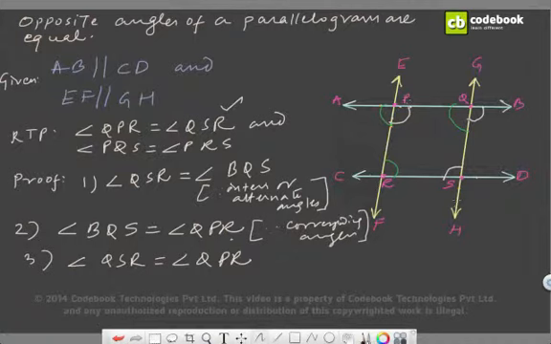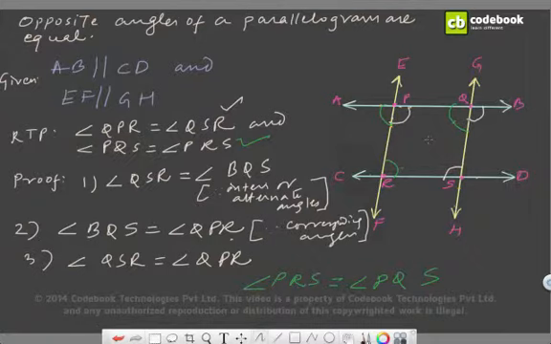EF is parallel to GH, AB is the transversal, so angle APR and angle PQS are corresponding angles, and by the axiom these two are equal. So basically what you have proven is angle PRS is equal to angle PQS. So this is the other statement that we had to prove. So by applying the interior alternate angles theorem and the corresponding angles axiom, we can prove that the opposite angles of a parallelogram are equal.